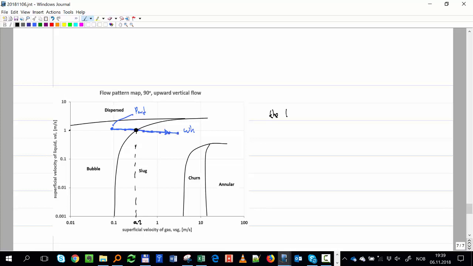So the transition, yeah, no, 0.2 is log.